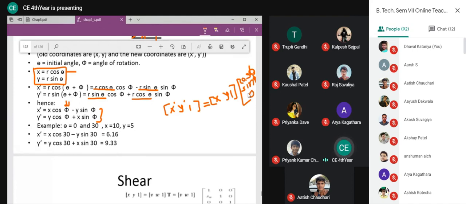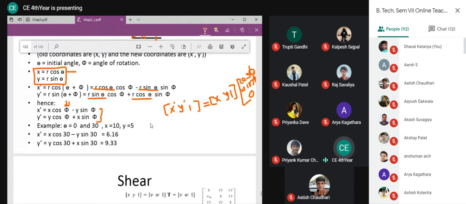Same way my second column will be minus sin phi, cos phi, 0, because of this minus sign, right? And the third column will be 0, 0, 1.